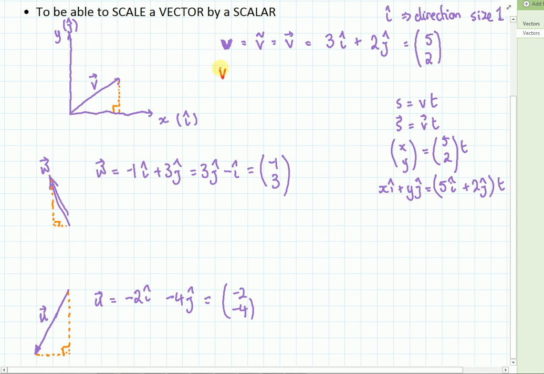sometimes written just as v without the arrow, or the modulus of v, with modulus around it, comes from doing Pythagoras.